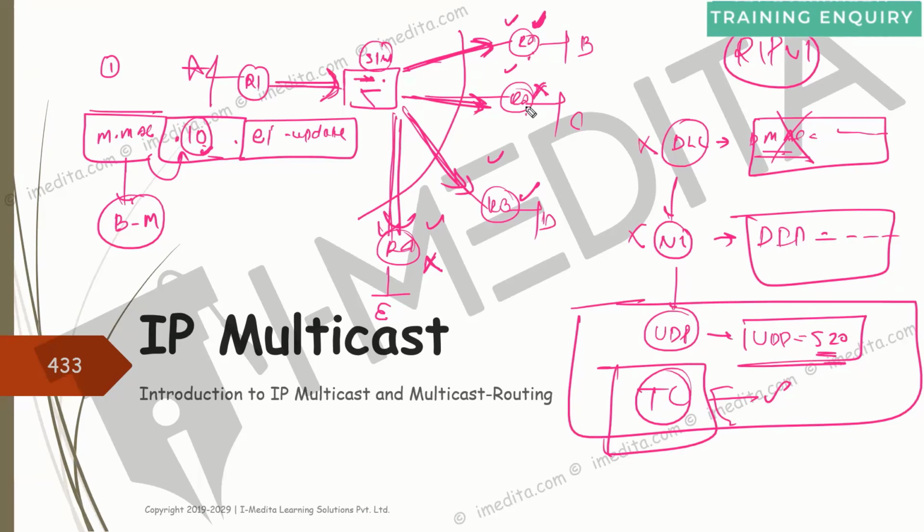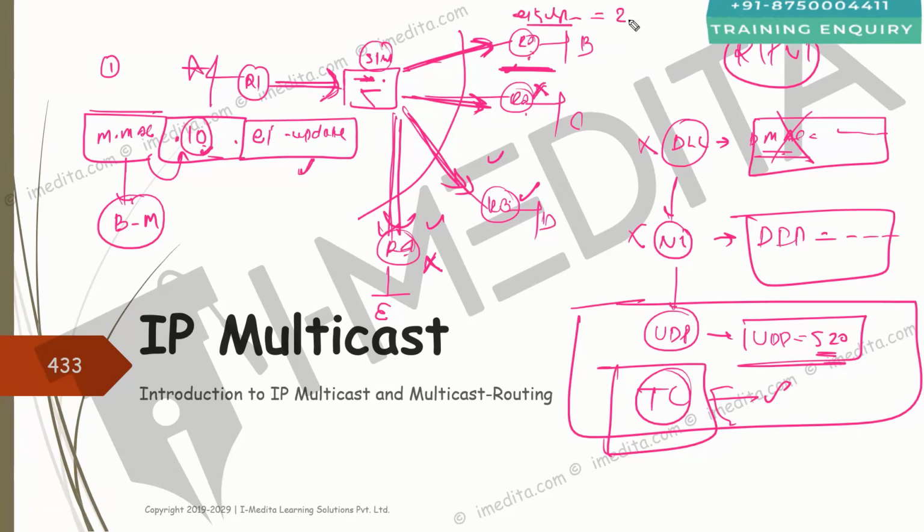All the routers, router 2, router 3, router 4, router 5, will receive that EIGRP packet, but only those routers where we have run EIGRP will be able to successfully process that packet. Because when we configure the EIGRP routing protocol on a router, it automatically becomes part of the multicast group 224.0.0.10.